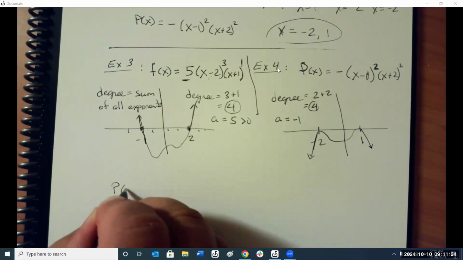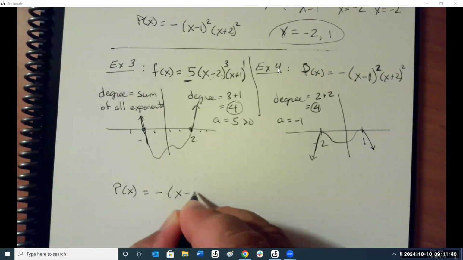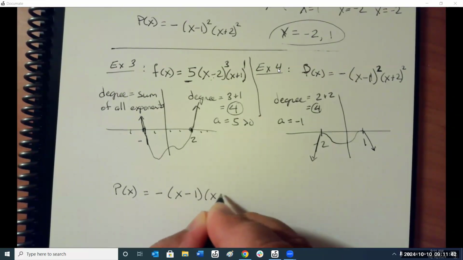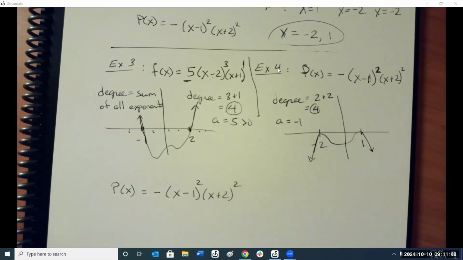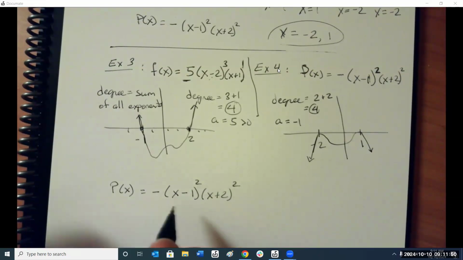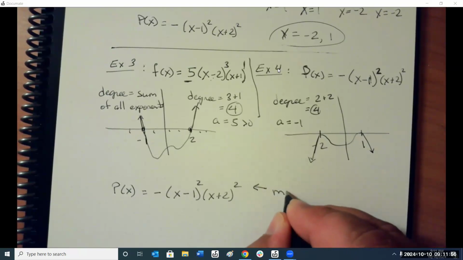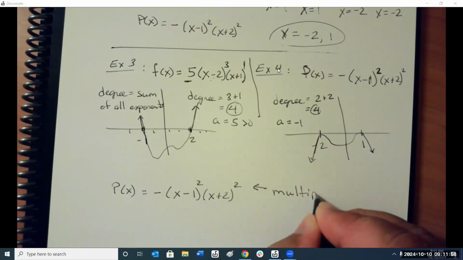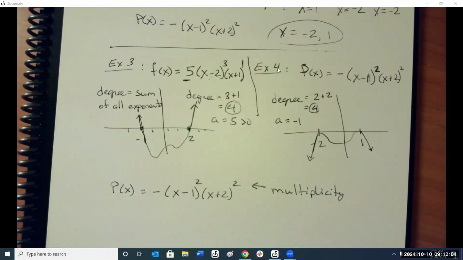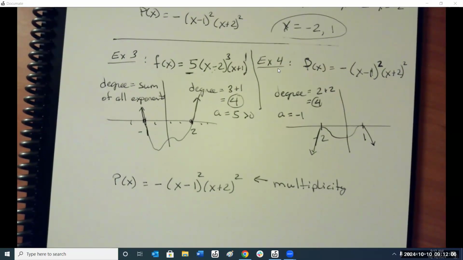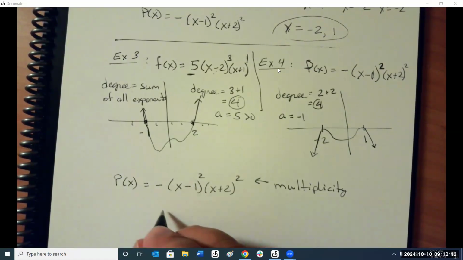These things have names. When you combine them like this, condensing a polynomial, these are now called multiplicity. So what we say here is this.